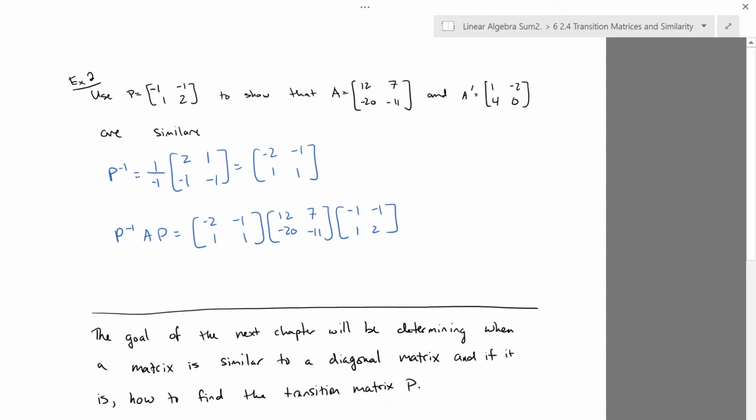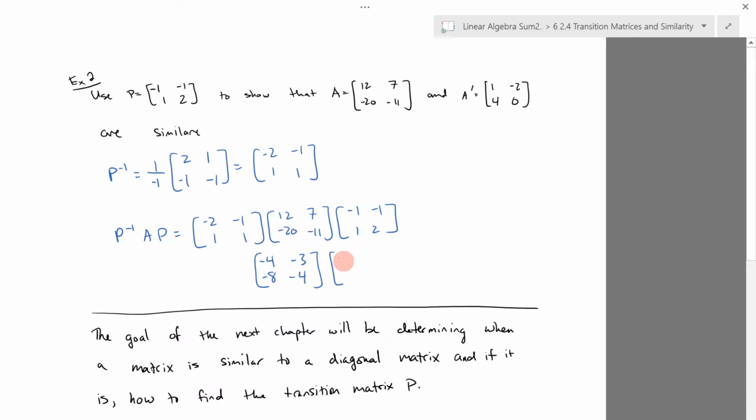And then we just have to verify this is the same as A prime. Okay, so let's do the multiplication. This is -24 plus 20 is -4. -14 plus 11 is -3. 12 minus 20 is -8. 7 minus 11 is -4.